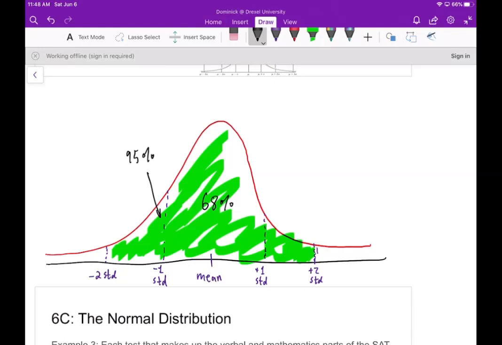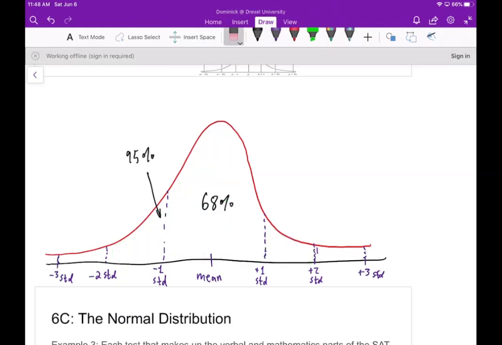Now, if you go out 1 more deviation, so now you're looking at everything in between these 3. I should get rid of this 68 too.